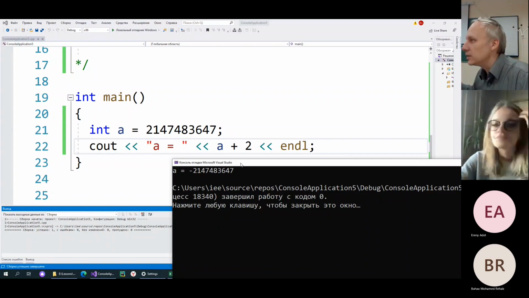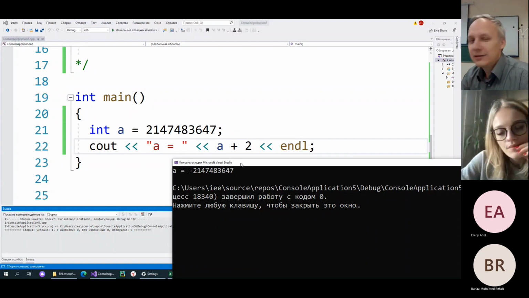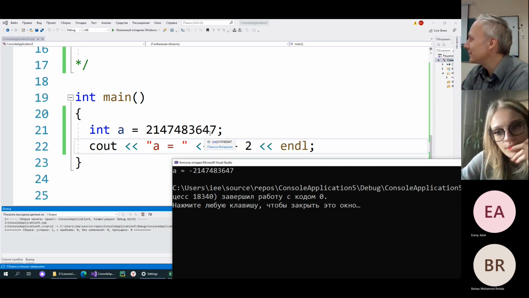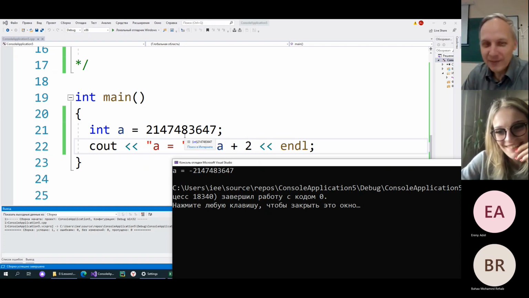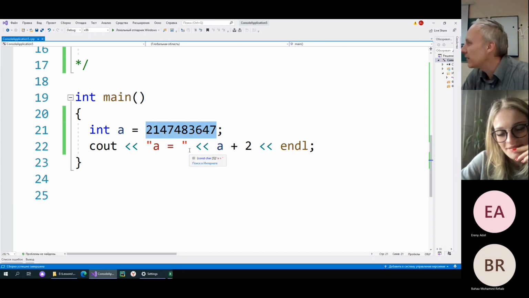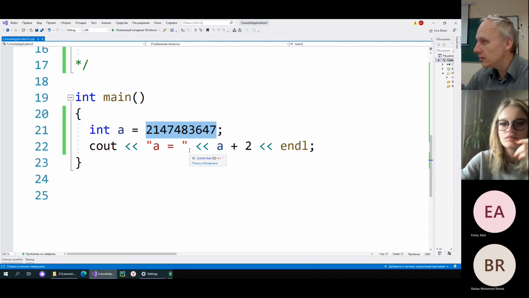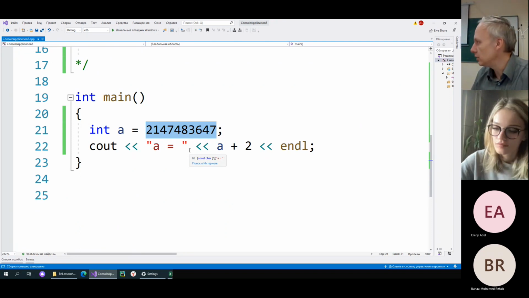Why do we see it? Because this number is the largest, the maximum number that can be represented in int.